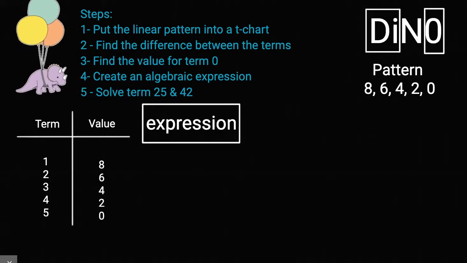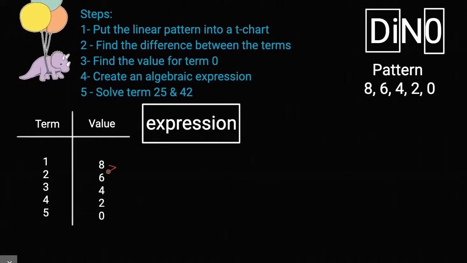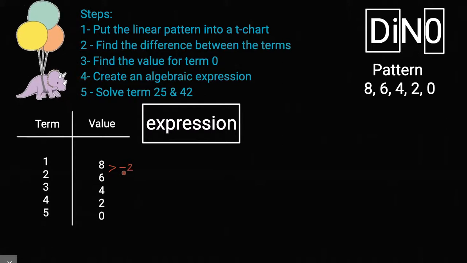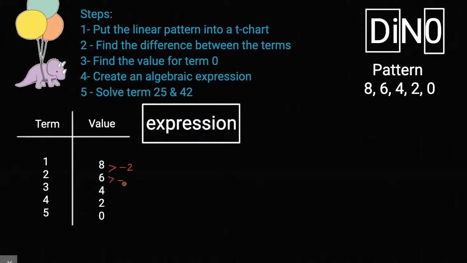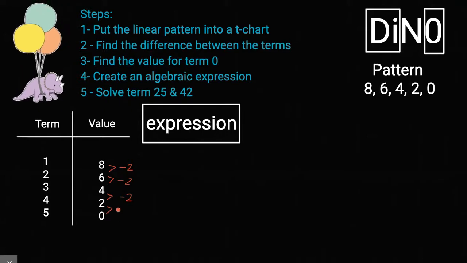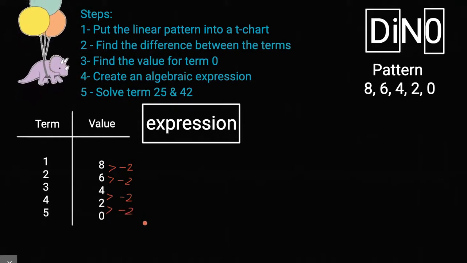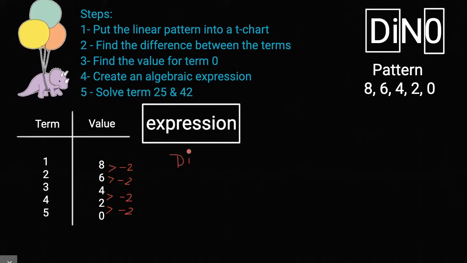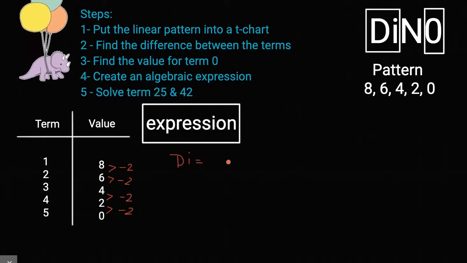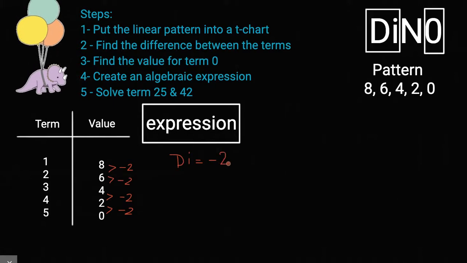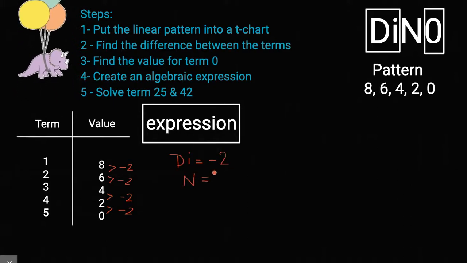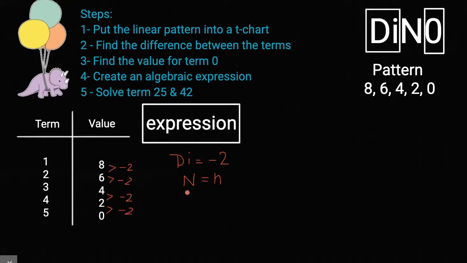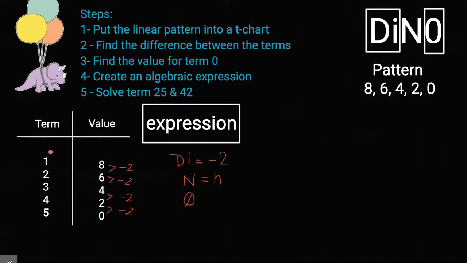Okay, we need to find the difference between our terms. Here we see it's minus 2, minus 2, minus 2, and minus 2. So our difference between the terms, aka our D in the DiN0, is negative 2. Our variable is n, and we need to find our term 0.